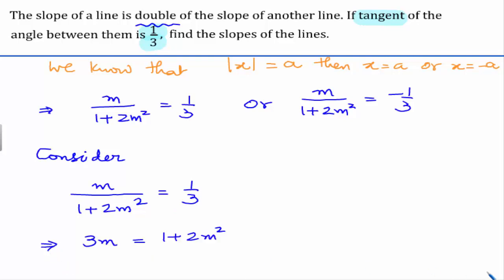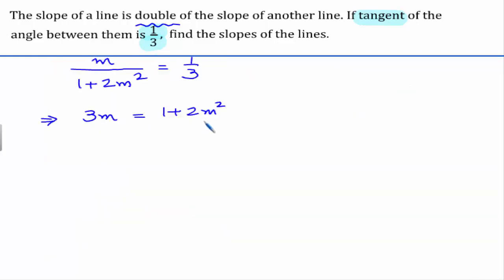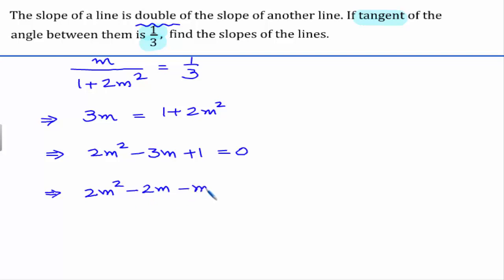Now if we cross multiply them, we get 3m is equal to 1 + 2m^2, and if we write all the terms together, then we get a quadratic equation. If we solve this quadratic, we get two values for m. This is 2m^2 - 2m - m + 1 is equal to 0.